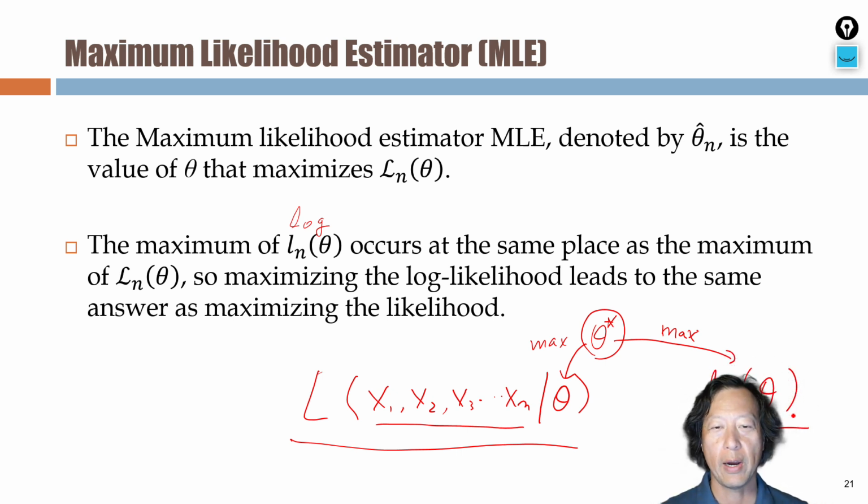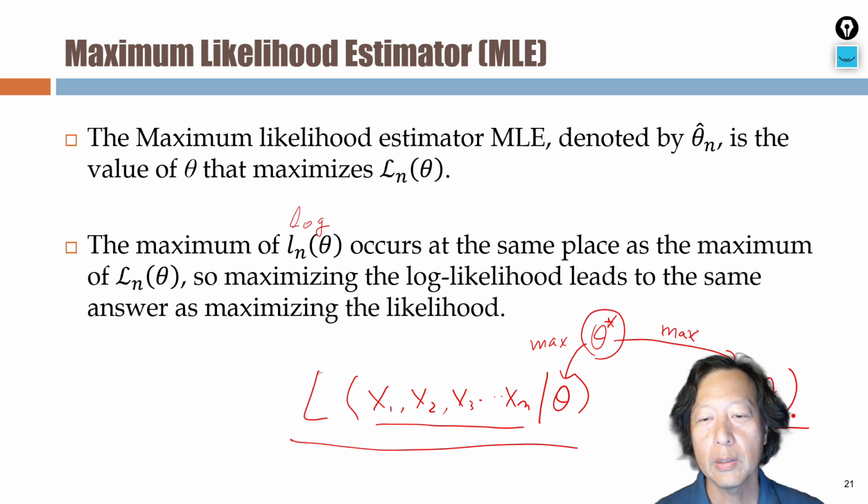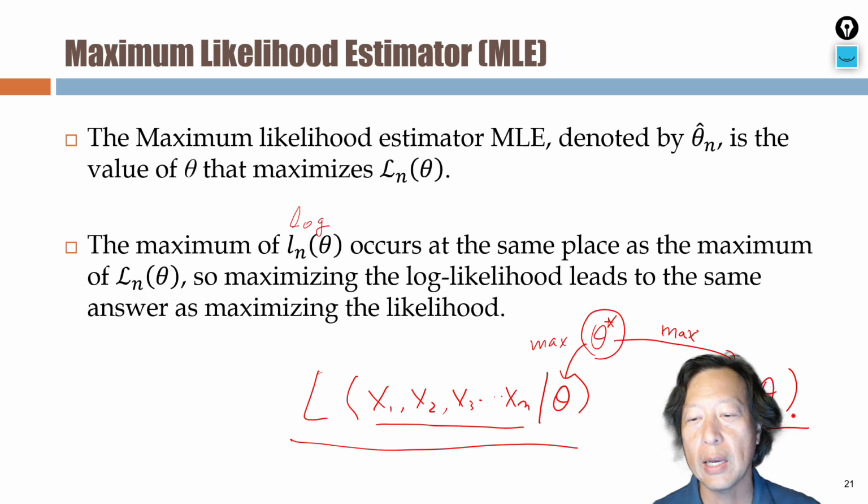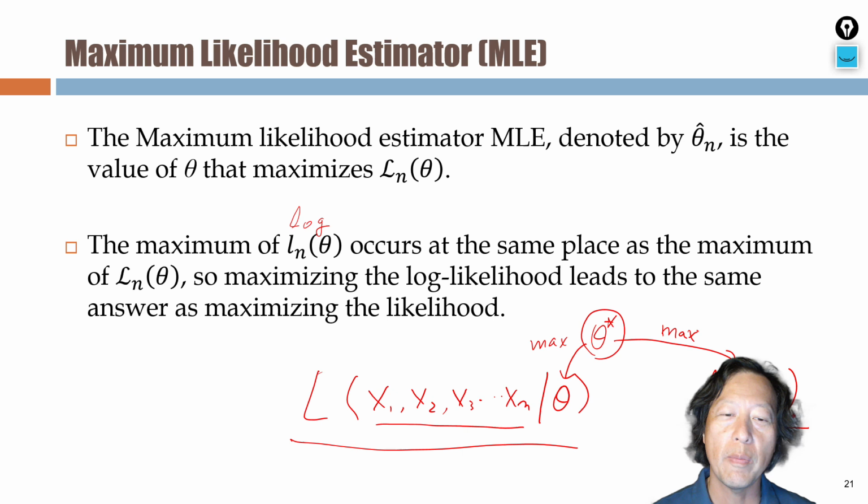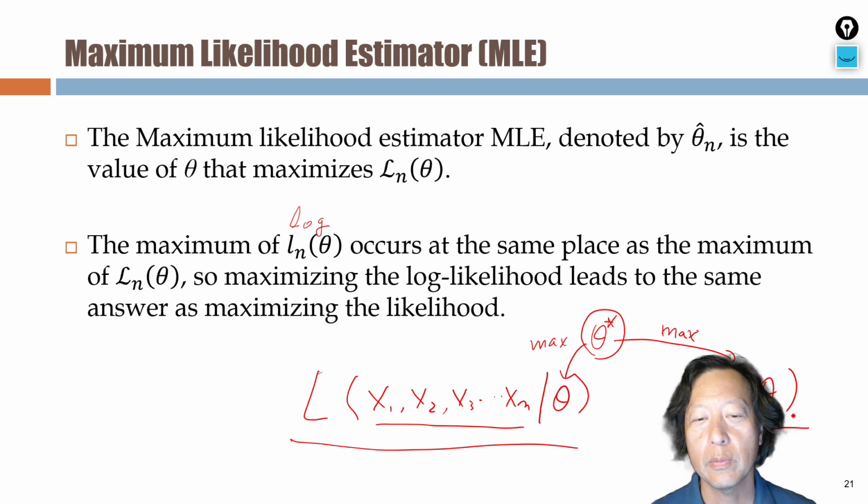So if we can find the theta that maximizes my log likelihood, that theta will maximize the normal likelihood also. That's why when we look for theta, you can solve using the log likelihood or the likelihood. The answer will be the same.